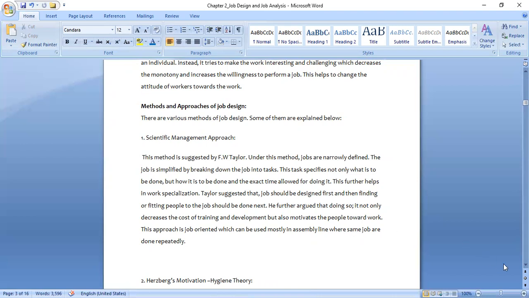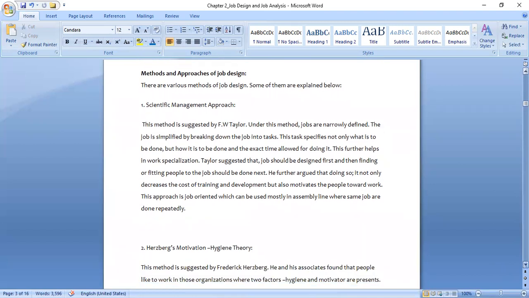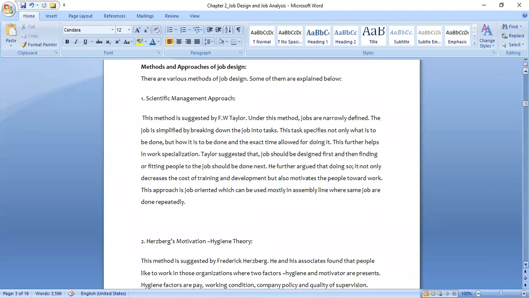So according to the scientific management approach of job design, Frederick Taylor said that the job should be subdivided, or broken down into different tasks.